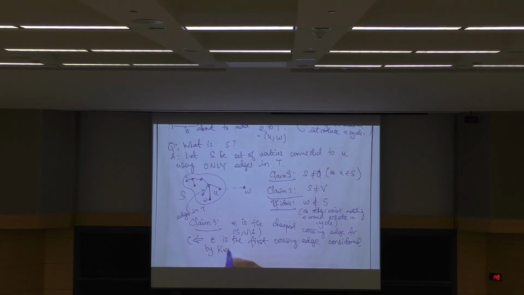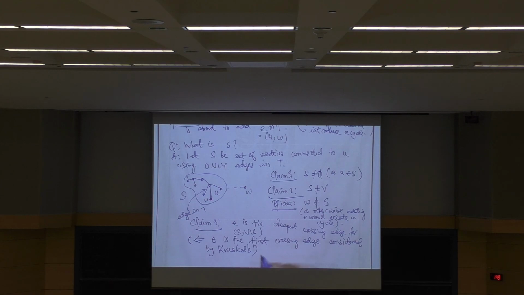Since Kruskal's is considering everything in increasing order of edge costs, if this edge e is the first crossing edge considered by Kruskal's, by definition, it will be the minimum cost. So all these three claims would imply the theorem by applying the cut property lemma.